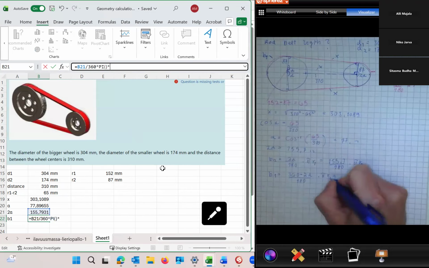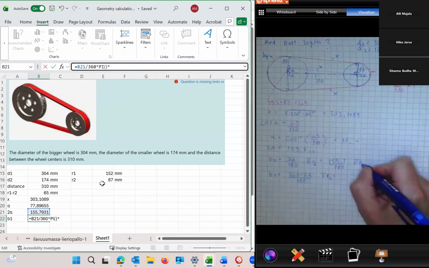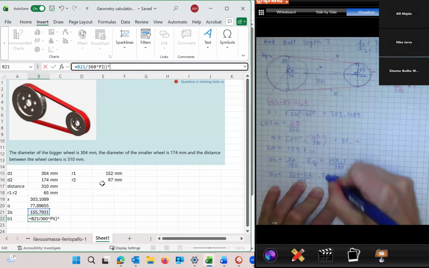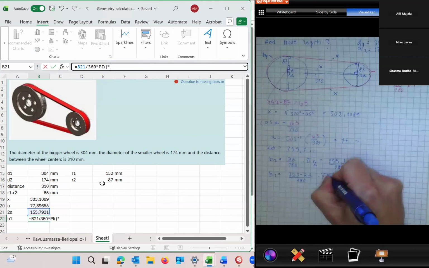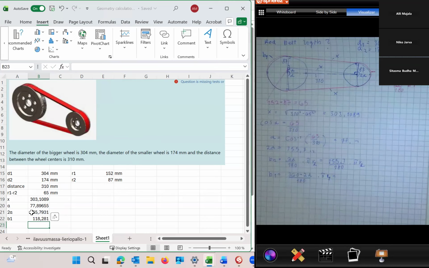Would be the R2. No, now I'm putting it the wrong way. This is the R2, and this is the R1. This was the R2, and this is not B1. Okay, I'll do the B2 first.